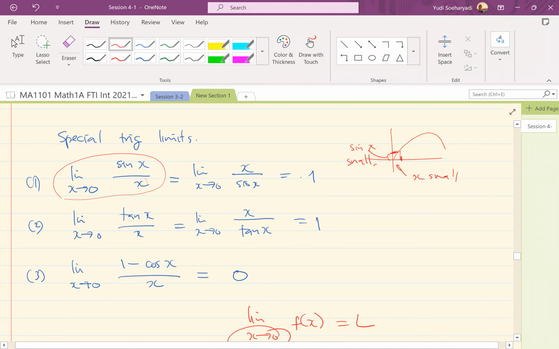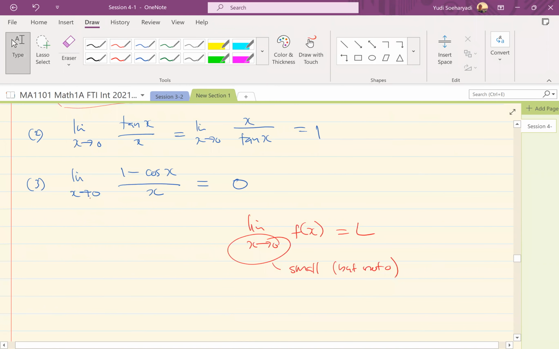But here we go. 1 minus cosine x is not really 0 when x is not 0, but it is small. This is small. But the ratio now, in this context, is not really 0 because this is the limit. So this is also a small number. Now the limit is 0, but this is small.